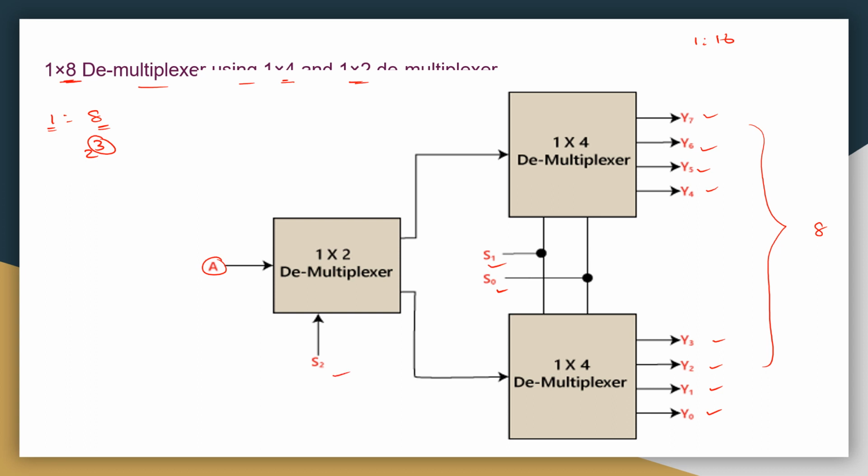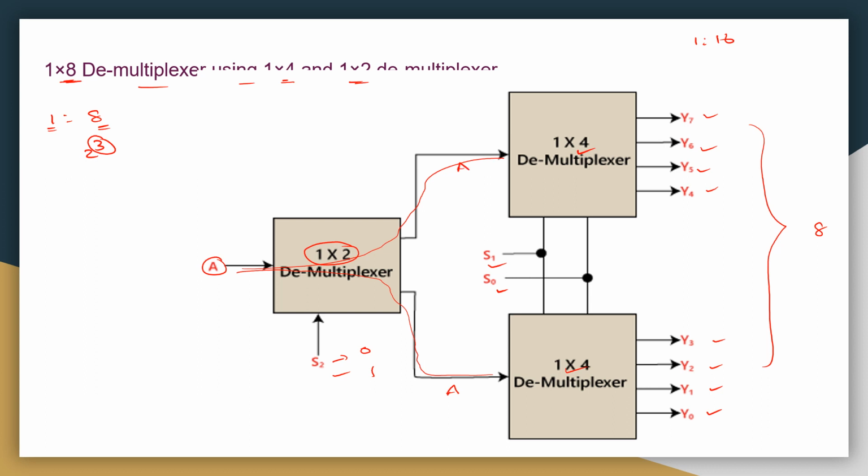Now understand, here it is a 1 into 2 demultiplexer. These two are 1 into 4 demultiplexers. Then simply the diagram is like this. Then how it functions: we know here it is 1 selection line. Whenever it is 0, the data is forwarded to the lower part. Whenever it is 1, the same data is forwarded to the upper one.